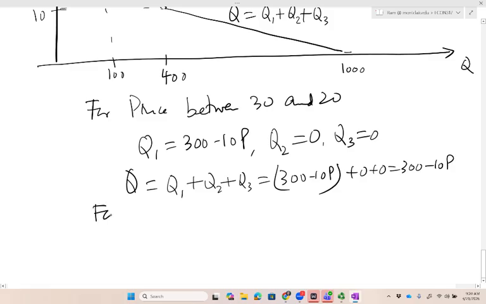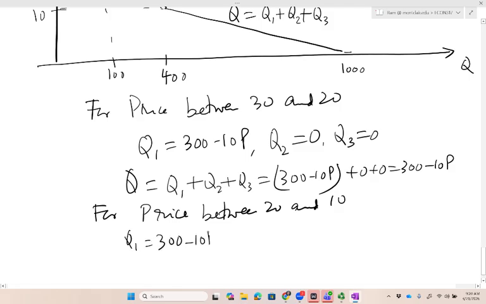For price between 10 and 20, now Q1 as before is 300 minus 10p, but Q2 also will join in, 400 minus 20p. Q3 continues to remain 0.